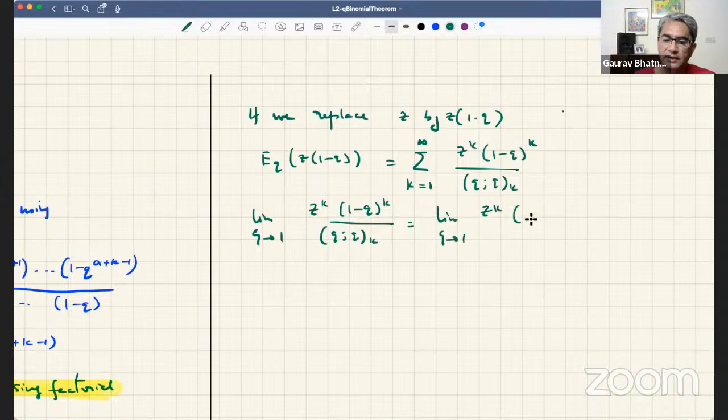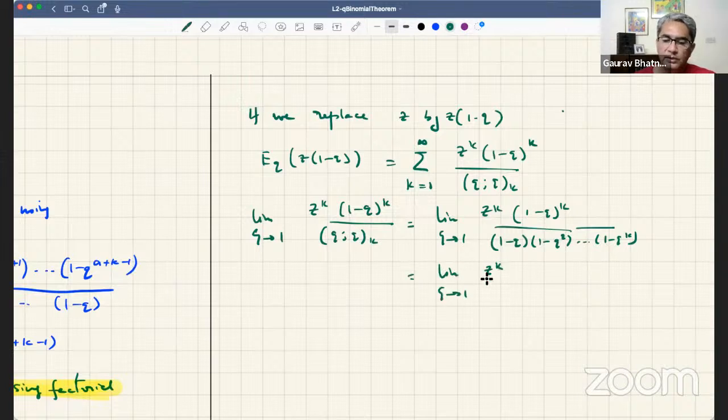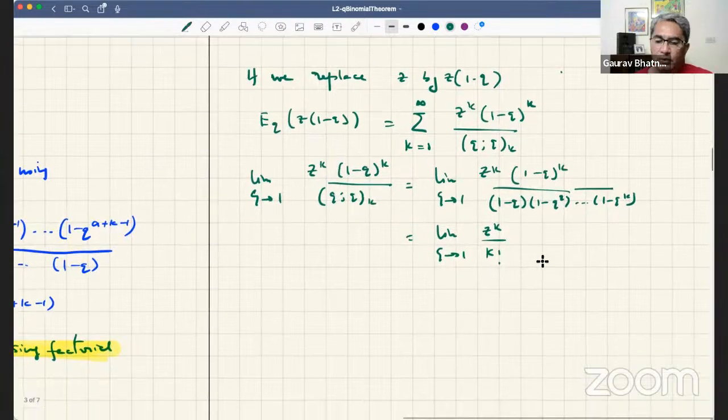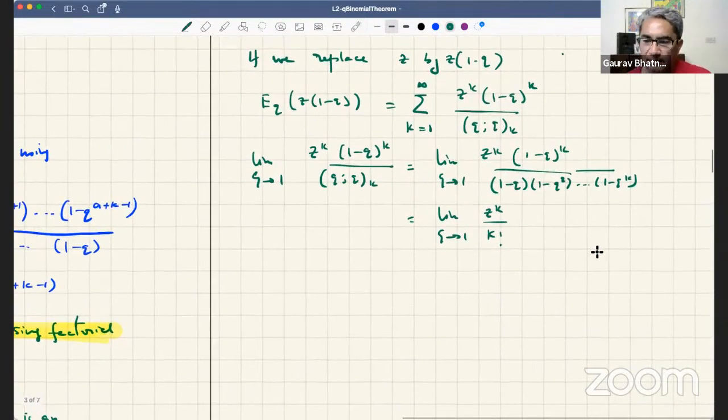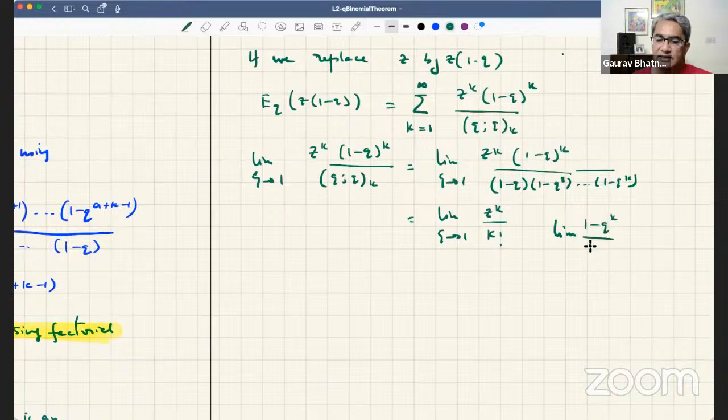Let's look at this term-wise. This is the limit as q goes to 1 of z^k (1 - q)^k, and here you get (1 - q)(1 - q^2) and so on. So you get k factorial using the same limit. Again, this is as difficult as it gets taking limits here.